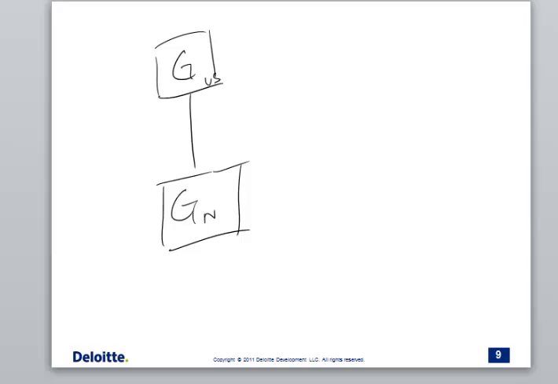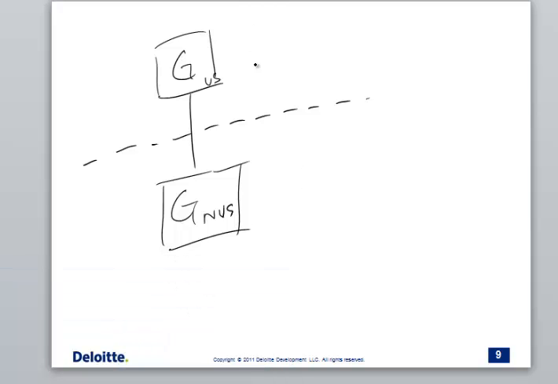I have no idea what the structure is, but I'm guessing they've got a foreign entity in there somewhere. So on its U.S. tax return, who files a U.S. tax return? Is it G or GNUS or both? G, right? The U.S. taxes U.S. companies, above the dotted line, right?